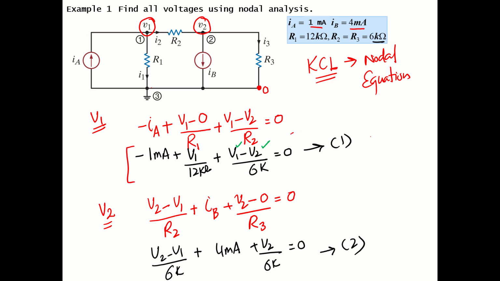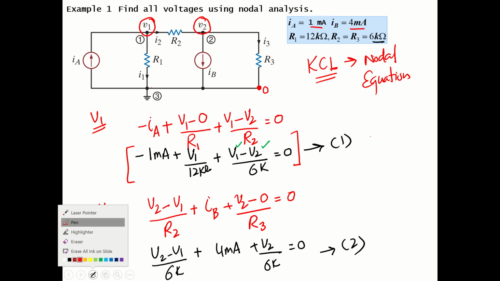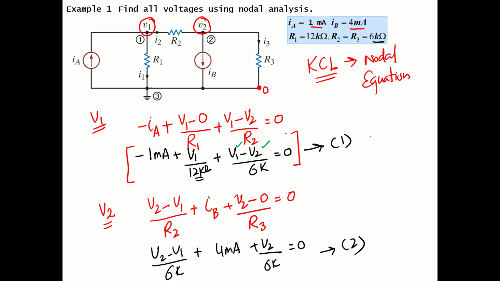We can multiply the whole equation with the maximum value in the denominator, or basically the lowest common factor of the terms in the denominator. Here we have 6k and 12k, so the common factor between them is basically 12. So I can multiply this whole equation with 12k to simplify this.